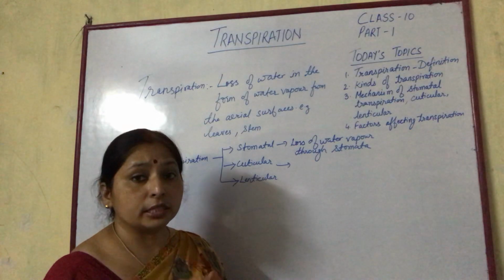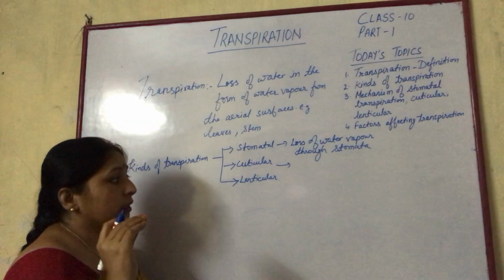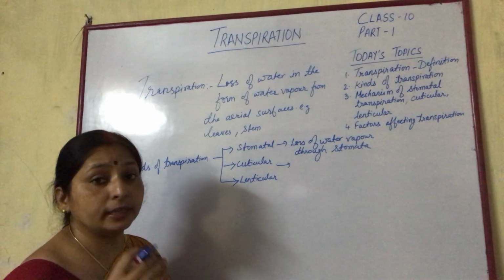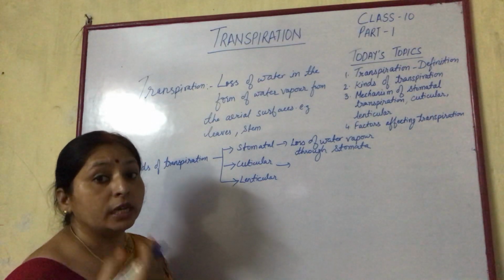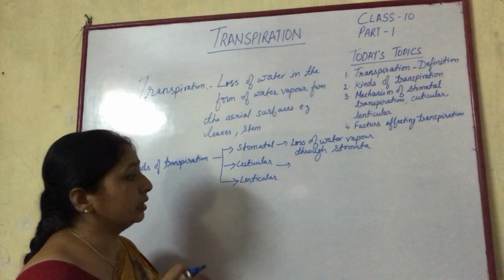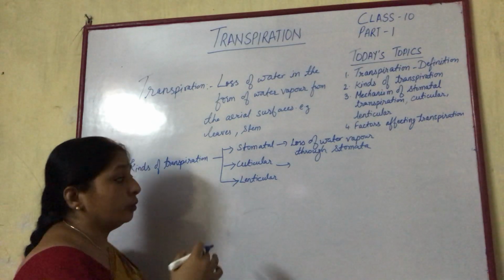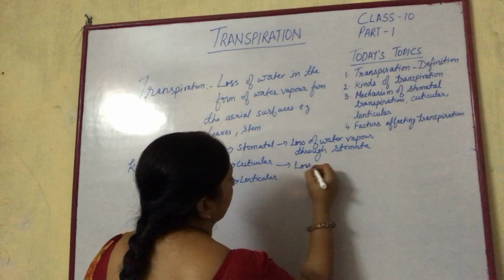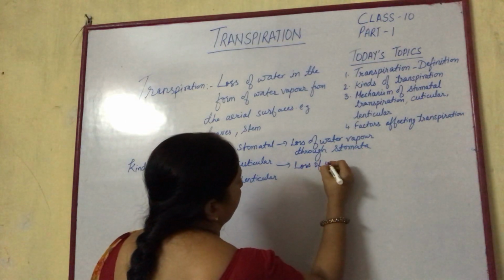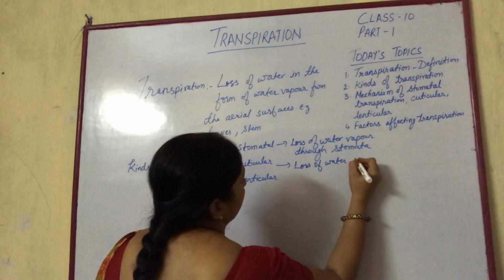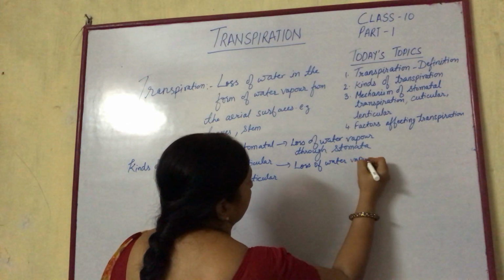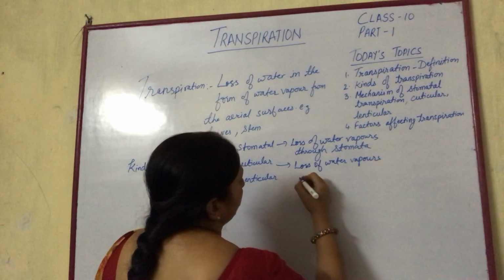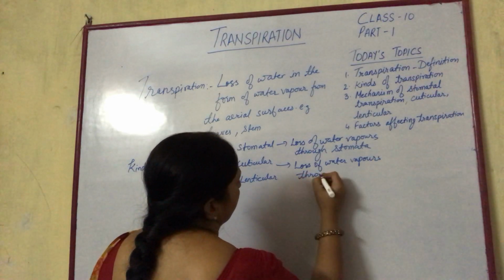If the layer of the waxy coating is very thin, then transpiration is more. If the layer is thicker, then the transpiration is less. So cuticular transpiration is loss of water vapors through cuticles.